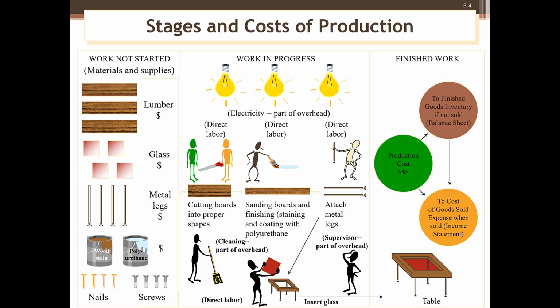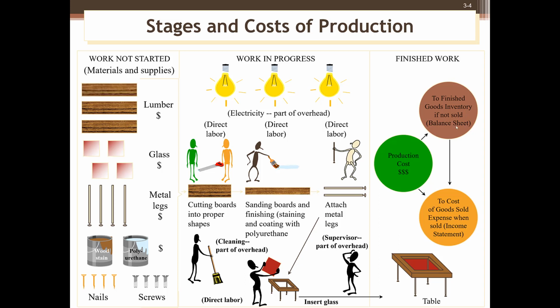This is a picture. It shows different stages and the cost of production. From the materials and the supplies used in the production, and then work in process here, and after products are produced or finished or completed, product costs will be recognized under finished goods inventory account, which is reported on the balance sheet.